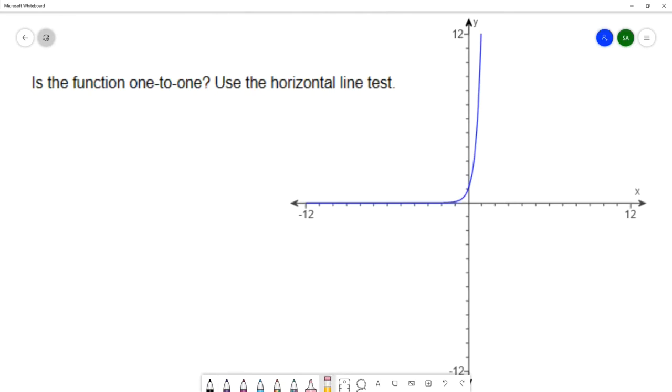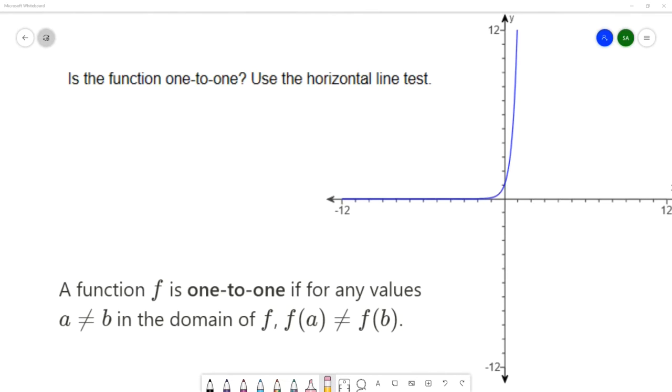On this question, it says, is the function one-to-one? Use the horizontal line test. Okay, so I've added in this definition of what a one-to-one function is.